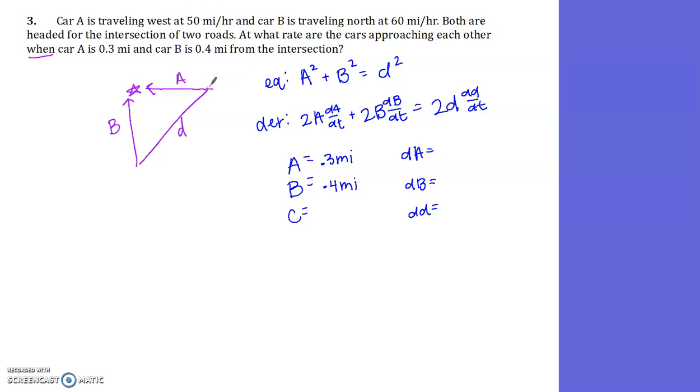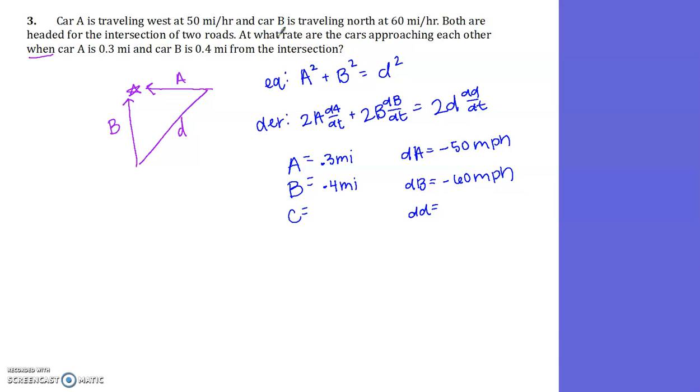Both cars are approaching this intersection. So the closer A gets to it, the smaller this distance gets. That's going to make my rate negative on this one. Same thing for B. The closer B gets, the shorter this distance gets. So B is also going to be a negative rate because that distance to the intersection is getting smaller.